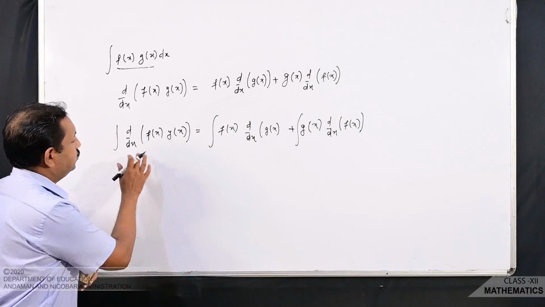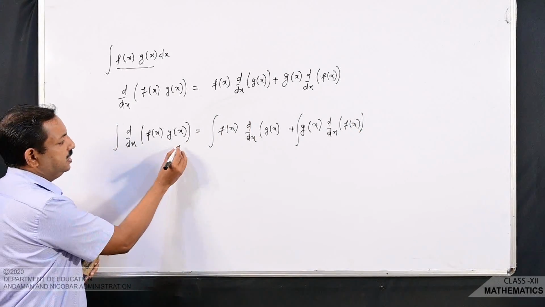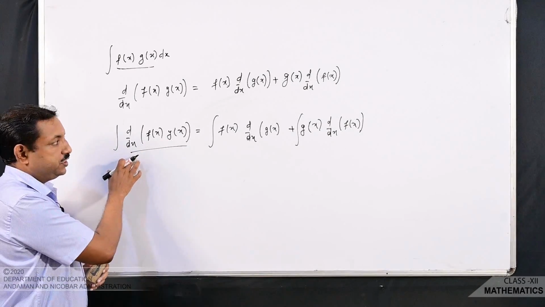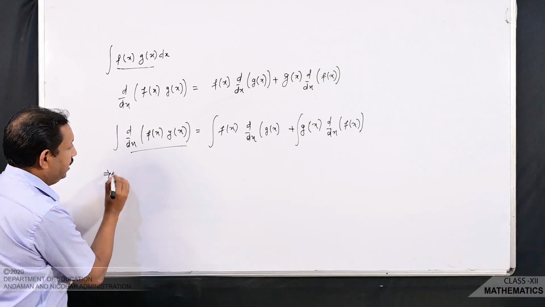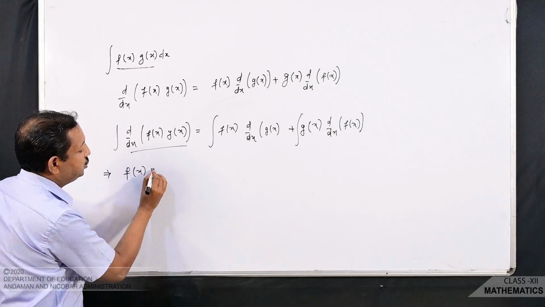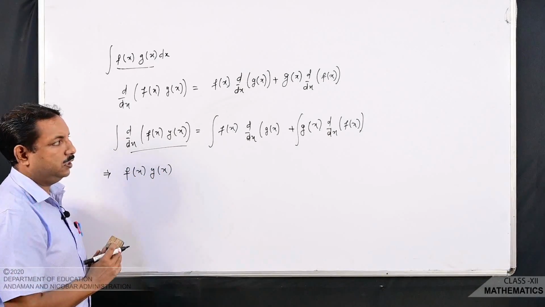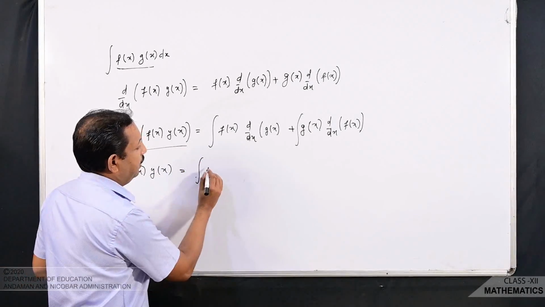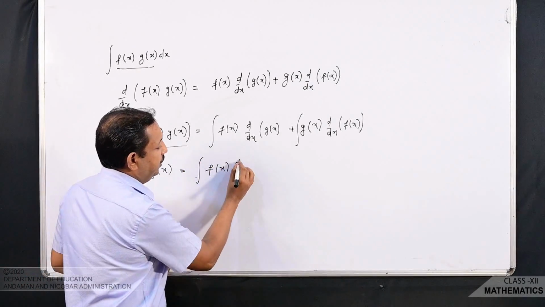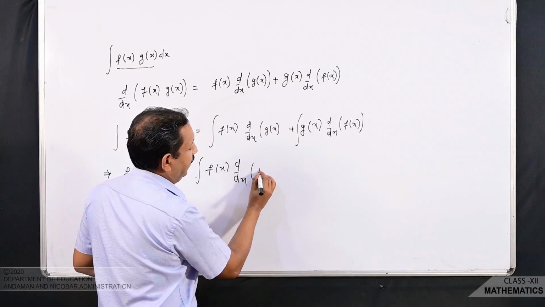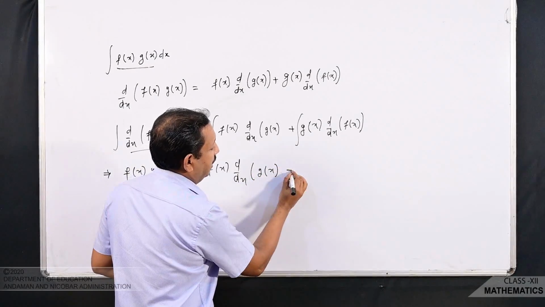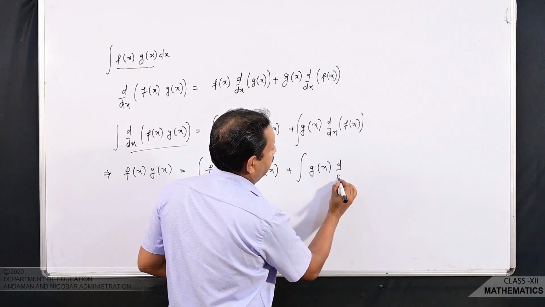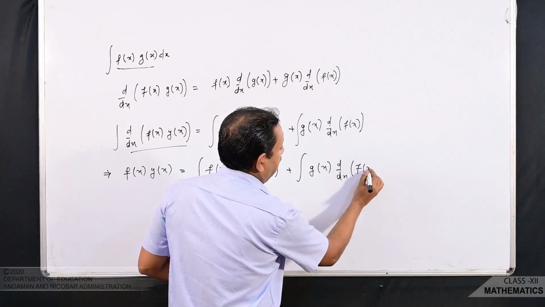Now, dear students, look here. When we take the derivative as well as the integration, we will simply get f of x and g of x from here, and this is equal to the integration of f of x derivative of g of x plus the integration of g of x derivative of f of x.